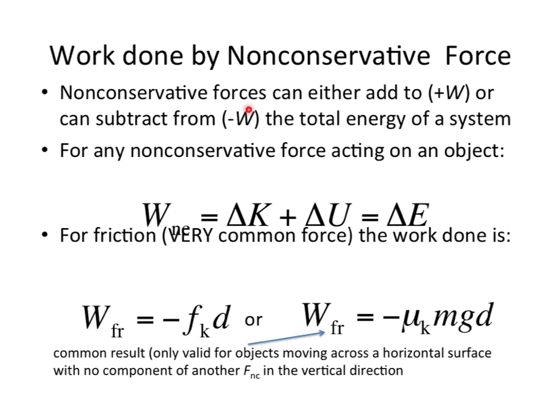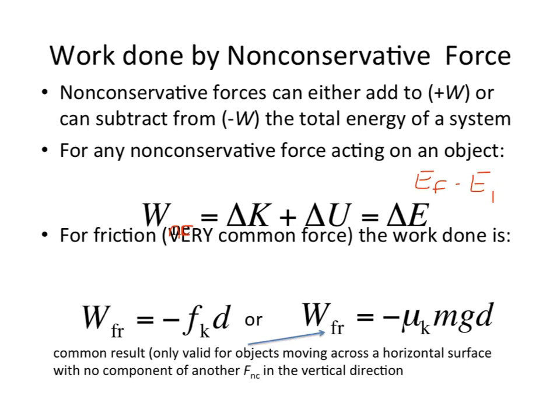So our equation for non-conservative work is this, and I'm sorry, it's kind of hard to see right here, but that should say NC, or non-conservative. Non-conservative work is the change in energy of the system. Of course, change in energy always means energy final minus energy initial.